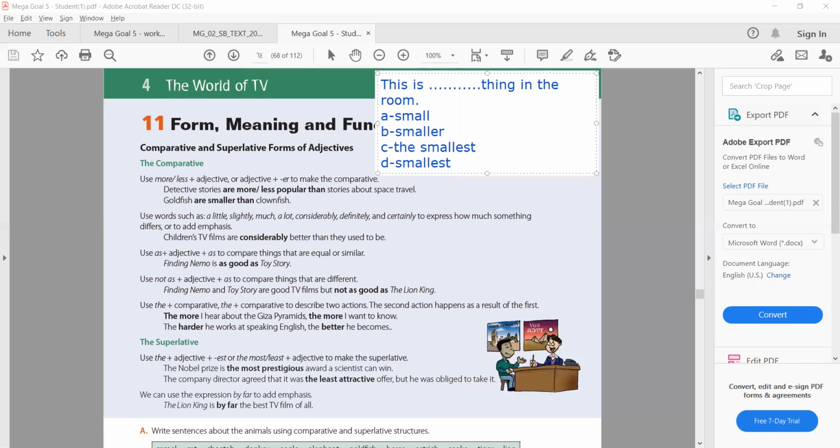Which one is the correct answer? This is the blank thing in the room. So is it small, smaller, the smallest, or smallest? Very good. Haneen, Jude, and Safa. Yes. Are you sure, Dana? This is the blank thing in the room.